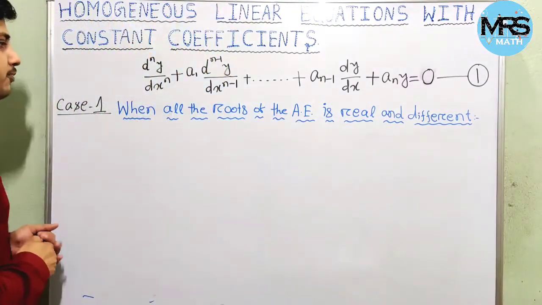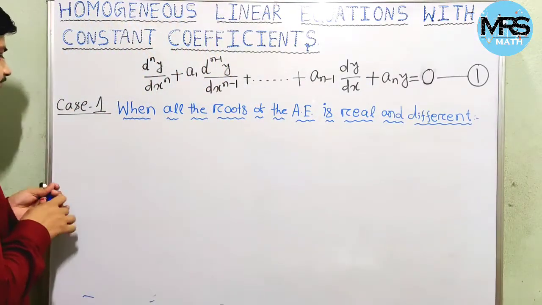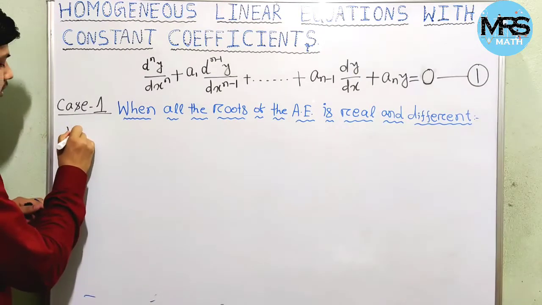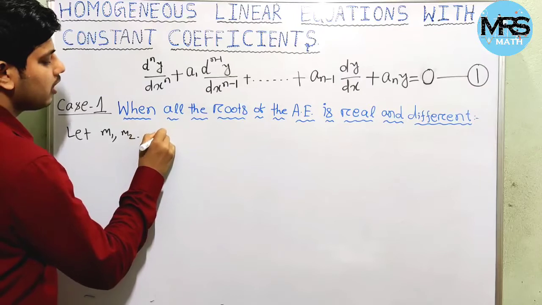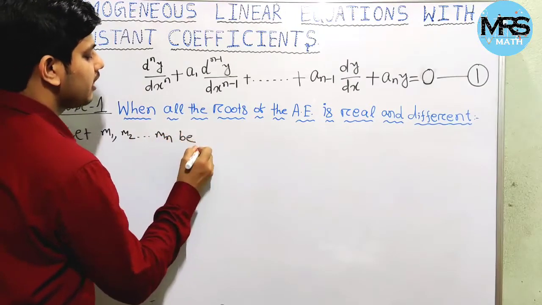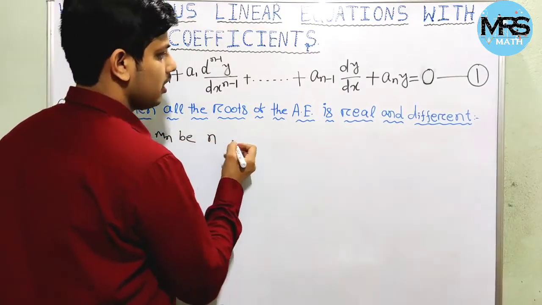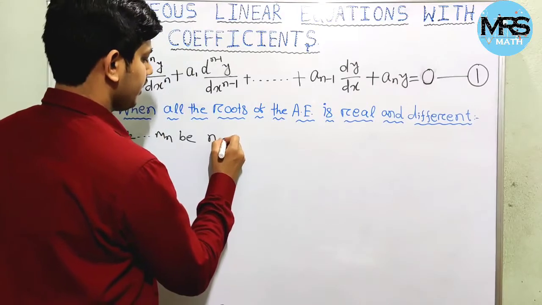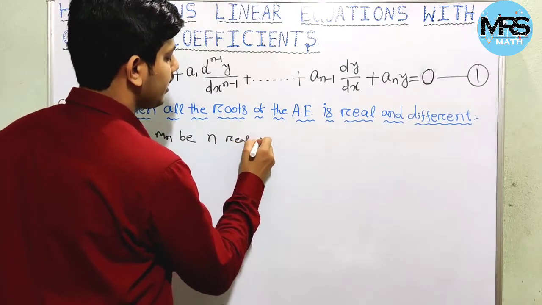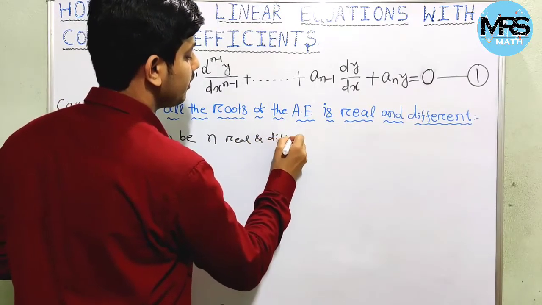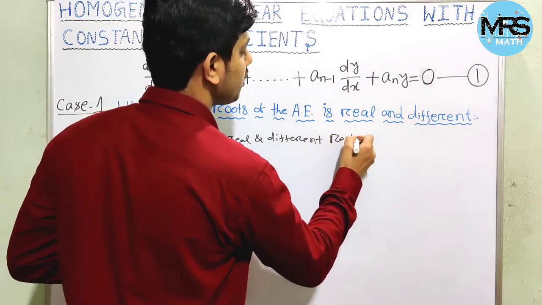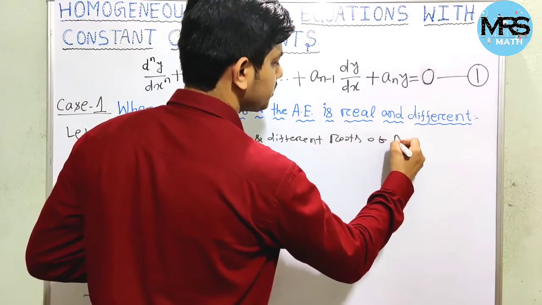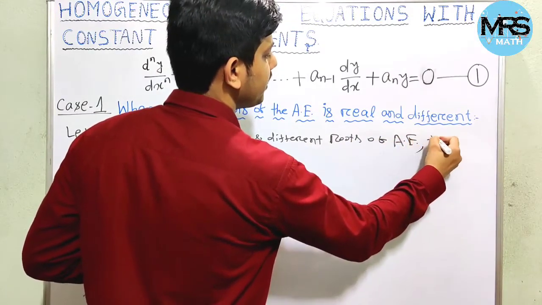So let m1, m2 up to mn be n real and different roots of the auxiliary equation.